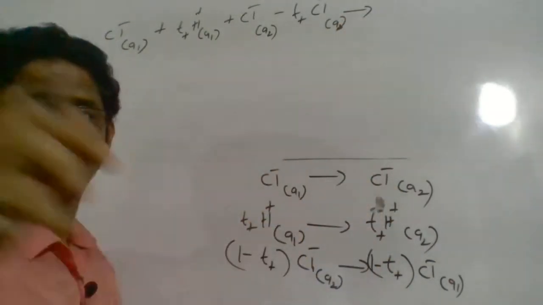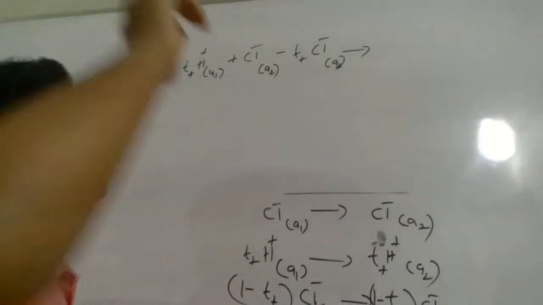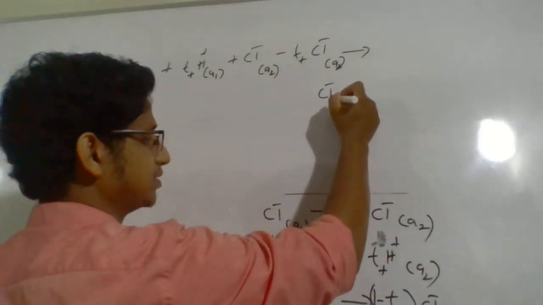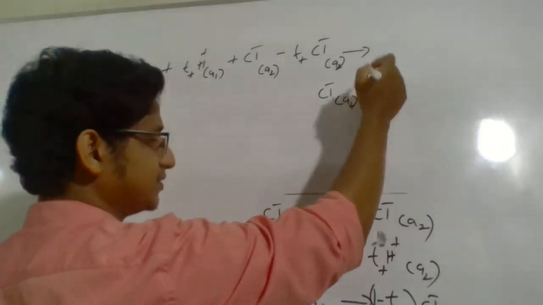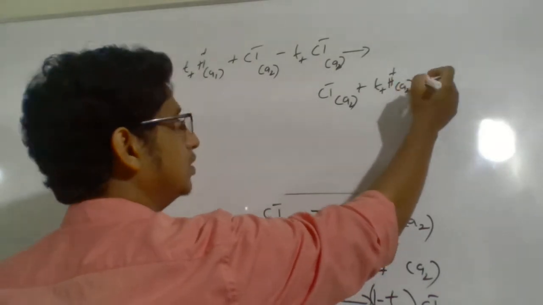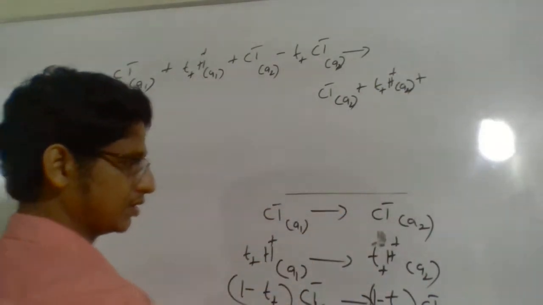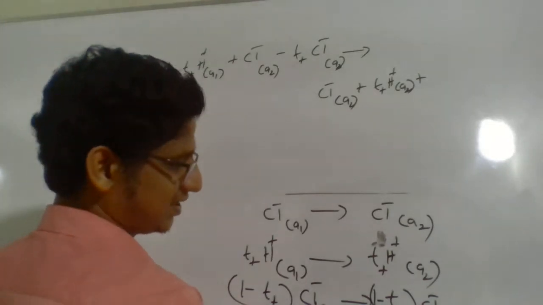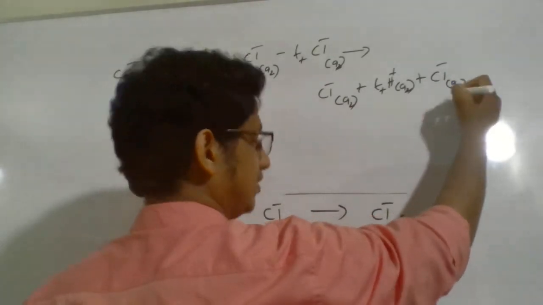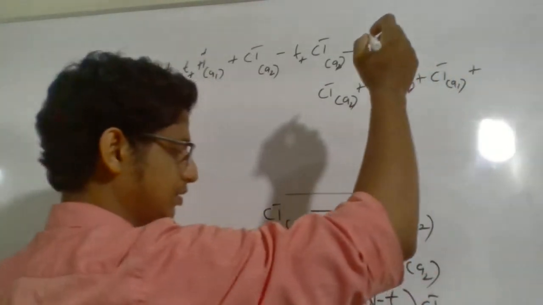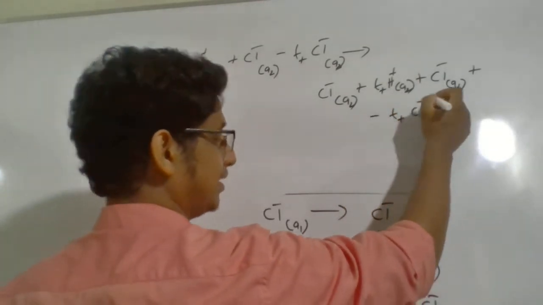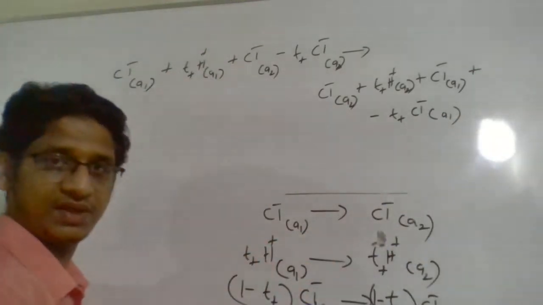On the right hand side what will come: Cl minus A2 plus T plus H plus A2 plus, now 1 minus T plus into Cl minus means Cl minus A1 plus, here minus T plus Cl minus A1. So this is what we got.